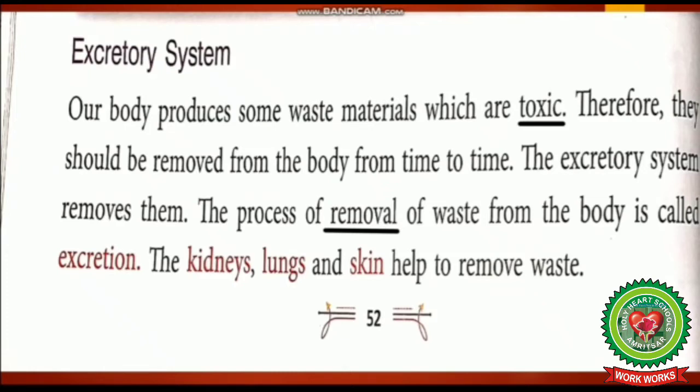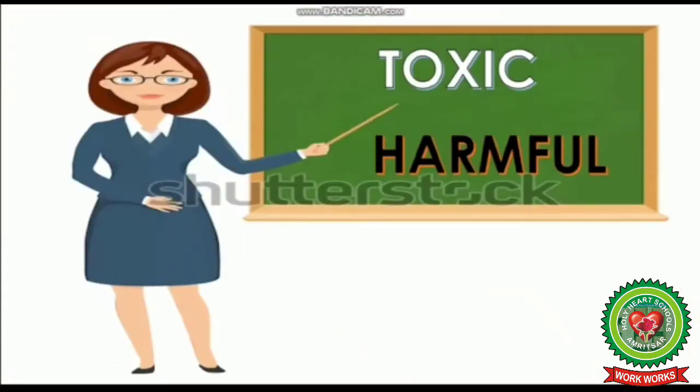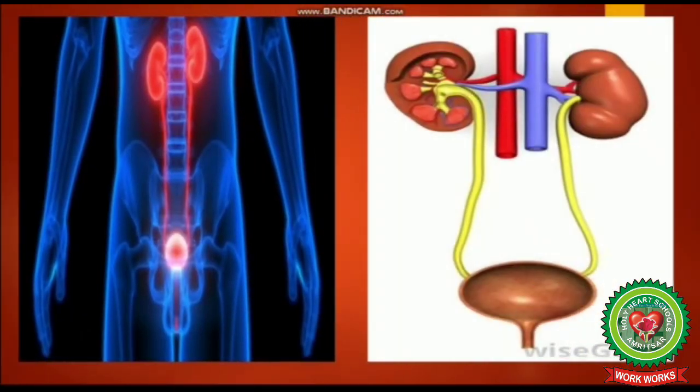Excretory system. Our body produces some waste materials which are toxic. Underline the word toxic and write its meaning: harmful. Therefore, they should be removed from the body from time to time.